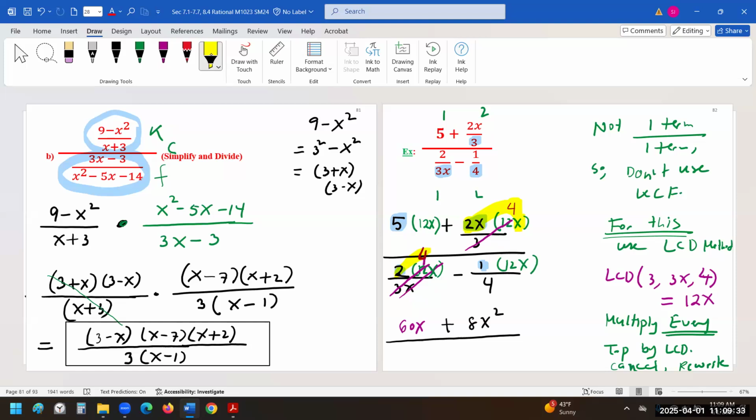So together what do you have? 8. Now on the last one, we have 12x on the top, 4 on the bottom. So you can cancel 4 and 12. 4 goes to 12 how many times? 3. So after the cancellation, we have 1, 3, and x. When you put them together, what do you have? X.